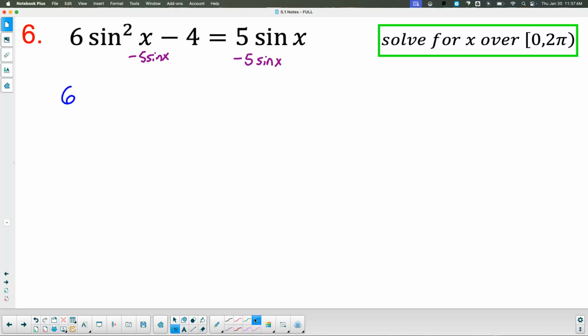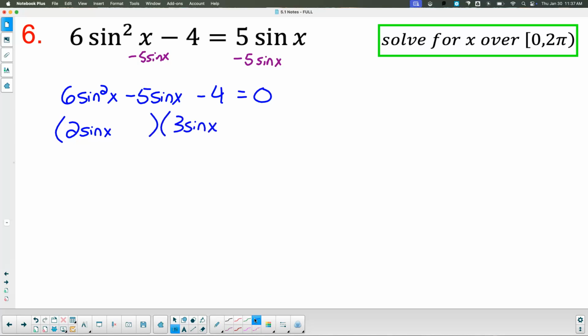So we get 6 sine squared of x minus 5 sine of x minus 4 equals 0. See what the pattern is yet? We want to get it equal to 0 all of the times. This then factors to be 2 sine of x, 3 sine of x, 1 and 4.